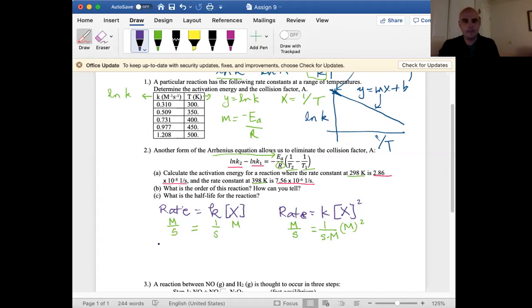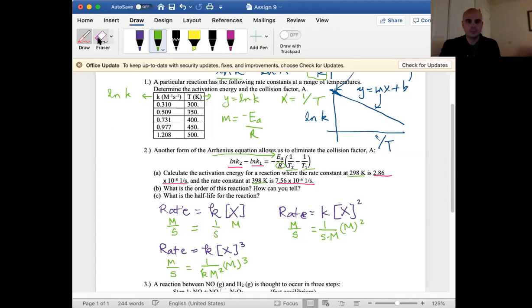So what about a third order? The 1 over seconds times... yeah, 2 molars then, right? Yep. So you can always tell what order the overall reaction is if you can see what the units are on the rate constant, because they always have to cancel.